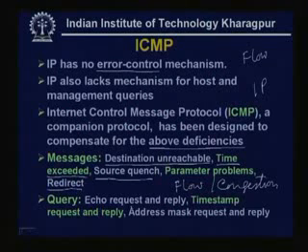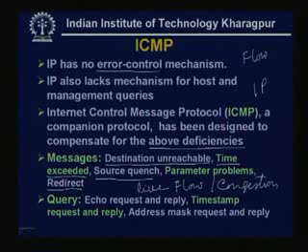For example, echo request and reply. In this case, a station can send a request to another destination station to know whether the destination station is live, working or not working. Similarly, timestamp request and reply.